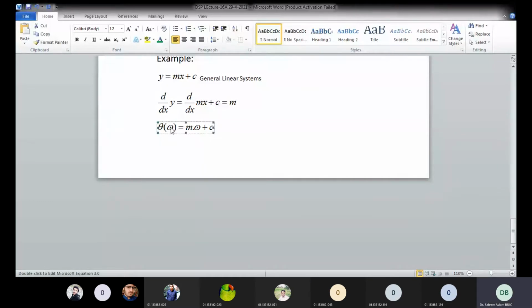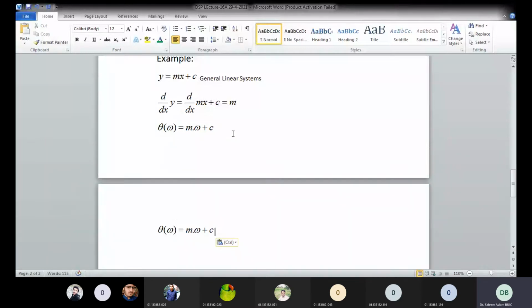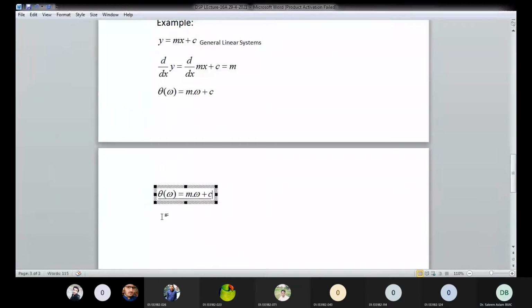So what would be the value of d theta over d omega? क्या वैल्यू आ जाएगी?